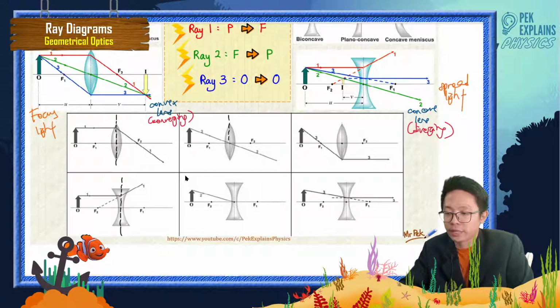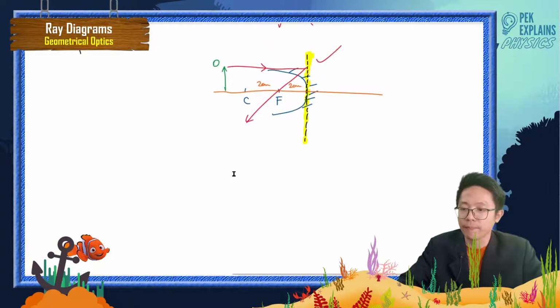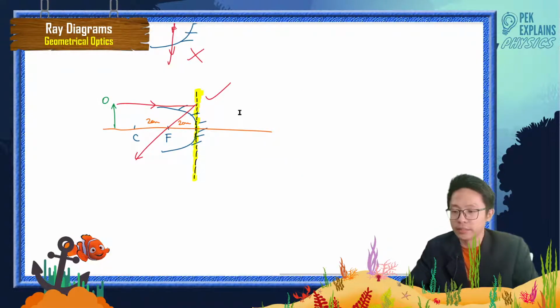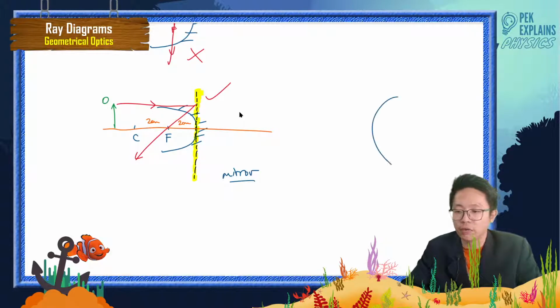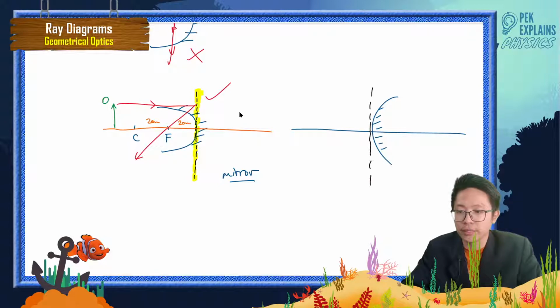All converge and diverge from the lens. What I can say for mirror, this is the mirror, this is a concave. What if it is a convex? Convex also I use a straight line to represent. I must use a straight line to represent the mirror.